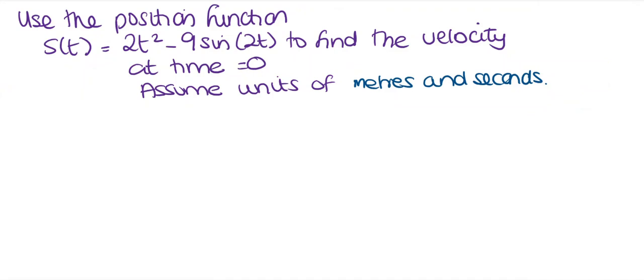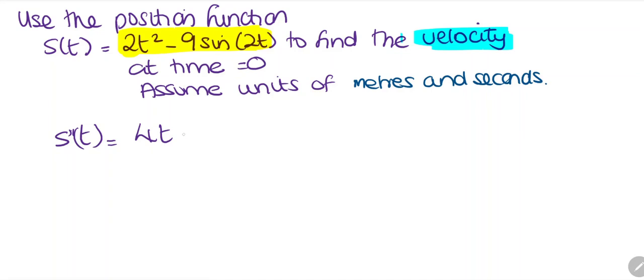Okay, so use the position function. So we have the function s of t. So when we're talking about velocity, we have a function here, and we need, from the position to the velocity, this is going to be taking the first derivative. So we have, if you multiply it 2t, so this is going to be 4t minus 1 from the power, so that's just 4t.